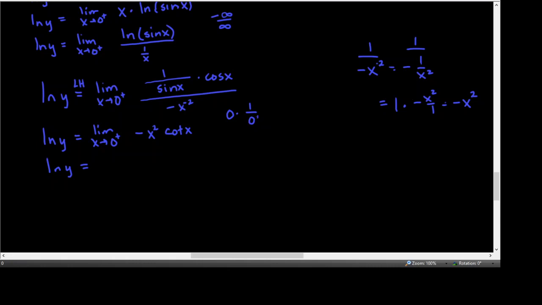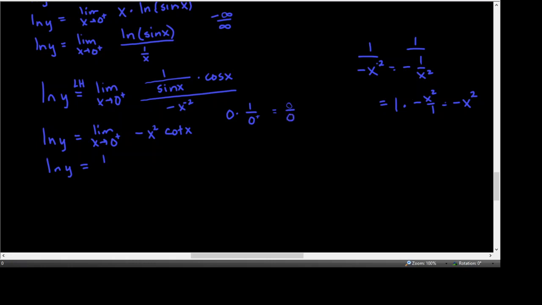So I'm putting a little plus sign here. And that's 0 times infinity. Well, that's not helpful. So let me say what this is. This is another indeterminate form that ends up being 0 over 0, in fact.